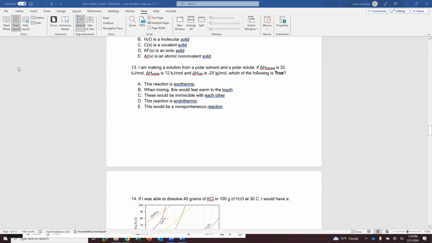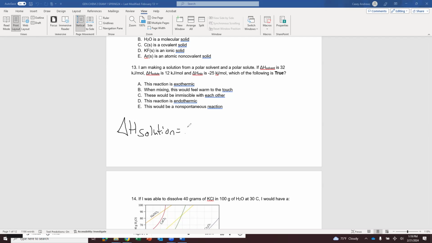All right, 13. I am making a solution from a polar solvent and polar solute. If delta H solvent is 32, delta H solute is 12, and delta H mix is 25, which of the following is true? Our equation here is for the heat of the solution, we can figure out how much heat is absorbed or released.